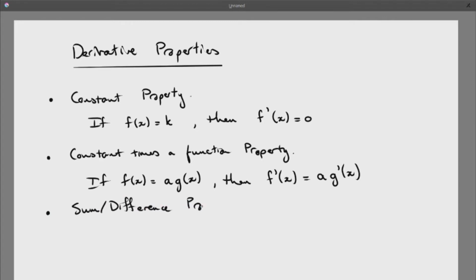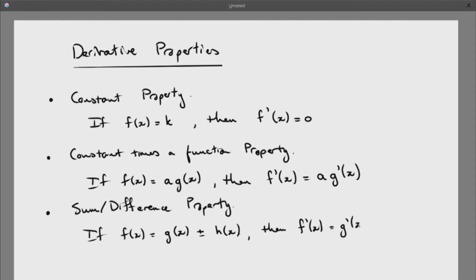So this one is called the sum difference property, saying that if my function is made up of two simpler functions added or subtracted, then I can find the derivative of the original by just reconstructing the individual derivatives of the simpler pieces.